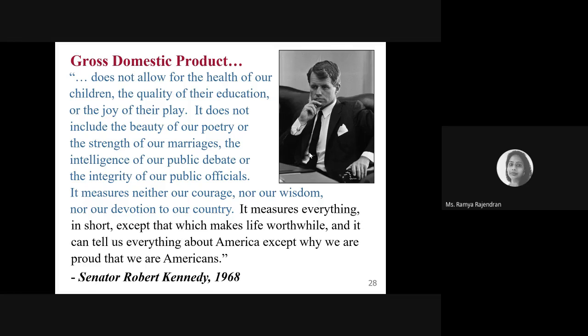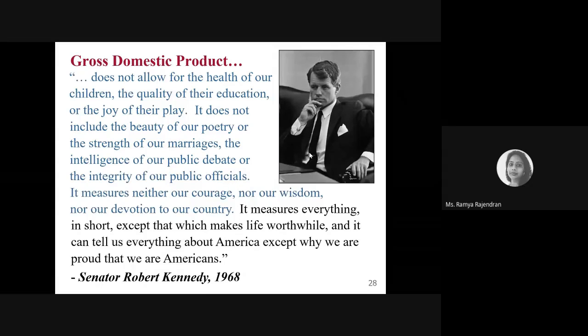Yeah, that's actually a good statement. So yes, countries and economies completely rely on this because this is the only measure available to identify how the country is doing, but it cannot measure how a person is doing or how the country is doing as a whole, not in terms of money but in terms of a lot of other things which are very important.